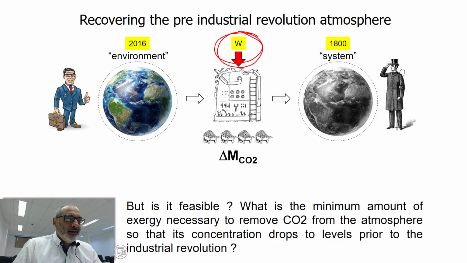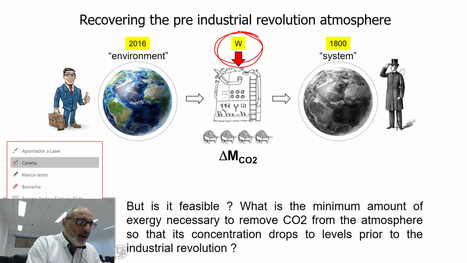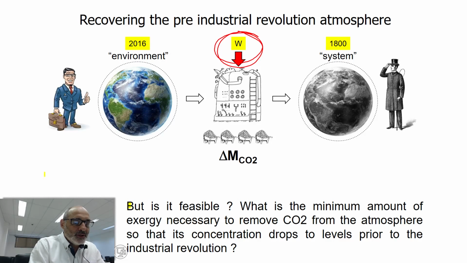The question is, is this feasible? Because this amount of energy, this amount of work, may be impossible. Maybe, I don't know, 2 or 3 times the total energy of the sun. But let's suppose it's feasible.